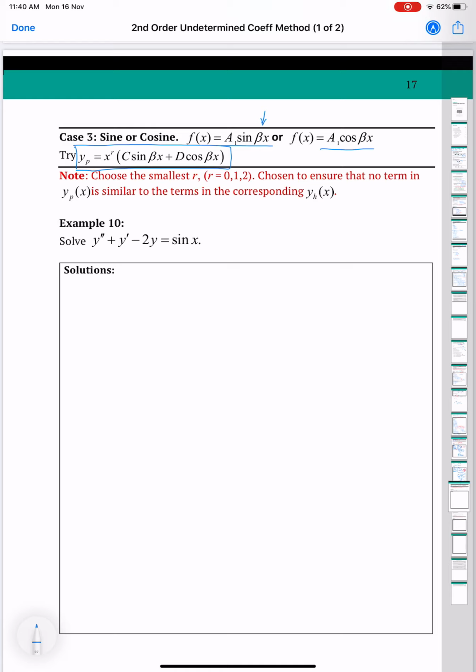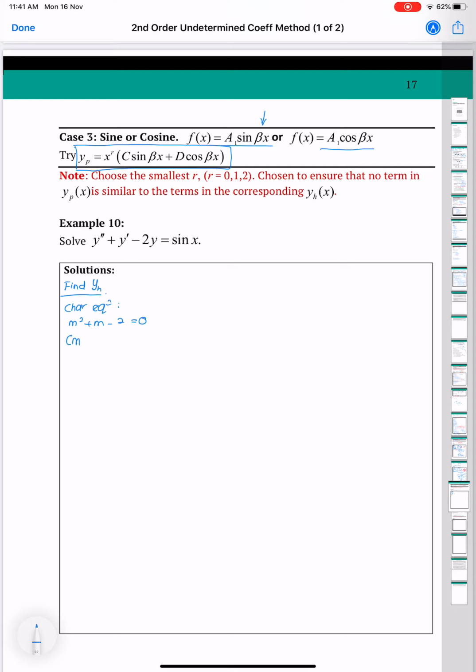Okay, right, let's try to do example 10. So we have y double prime plus y prime minus 2y. As usual, first of all, we must find the homogeneous solution yh. So we have the characteristic equation m square plus m minus 2 equal to 0.